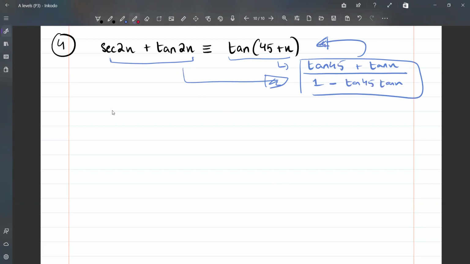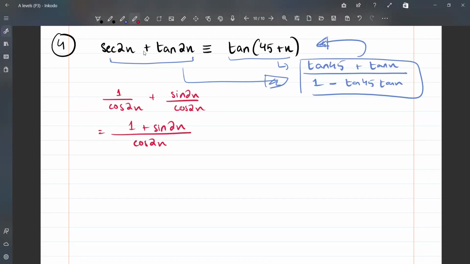Sec 2x can be rewritten as 1 upon cos 2x plus sine 2x upon cos 2x. All right, so we have here cos 2x upon 1 plus sine 2x.